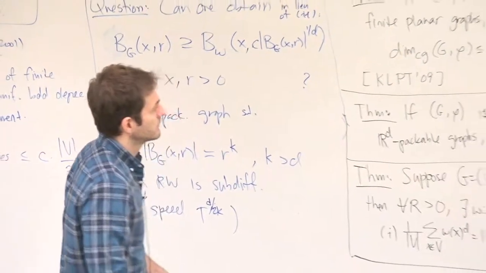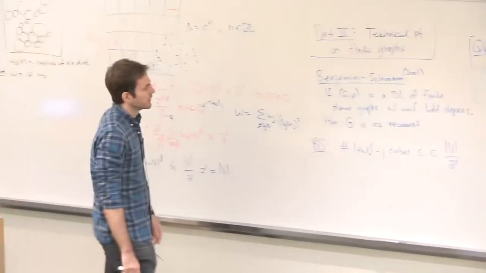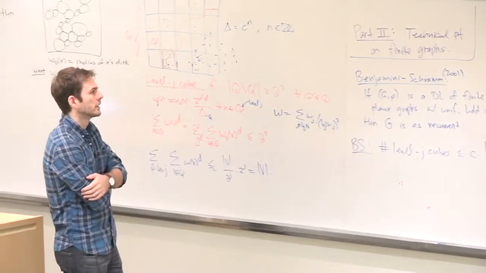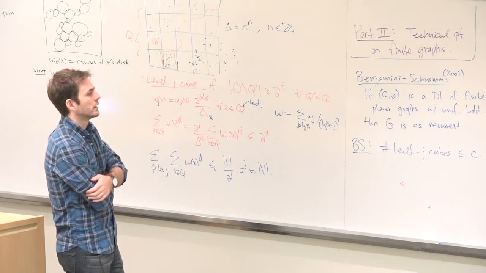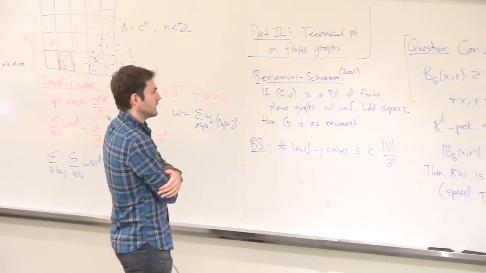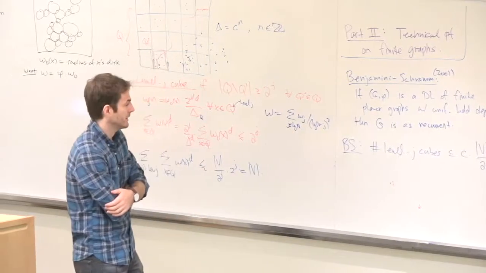That the number of accumulation points equals 1. The trickiest part of it. Yeah, it's very short, like a paragraph, but it is tricky.